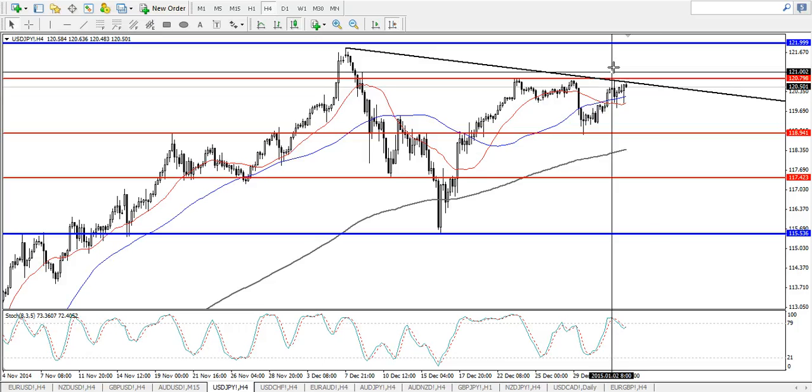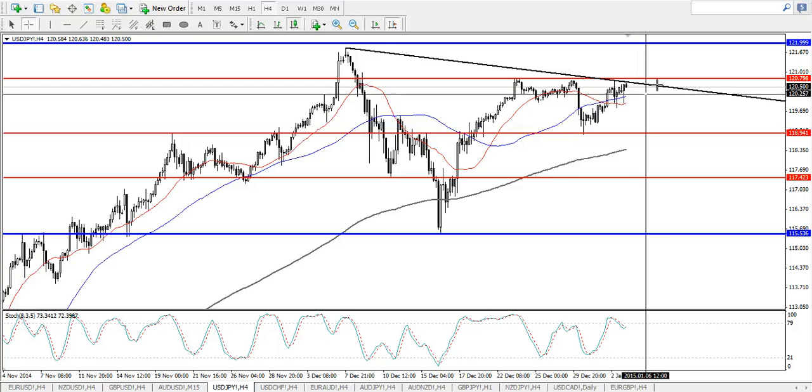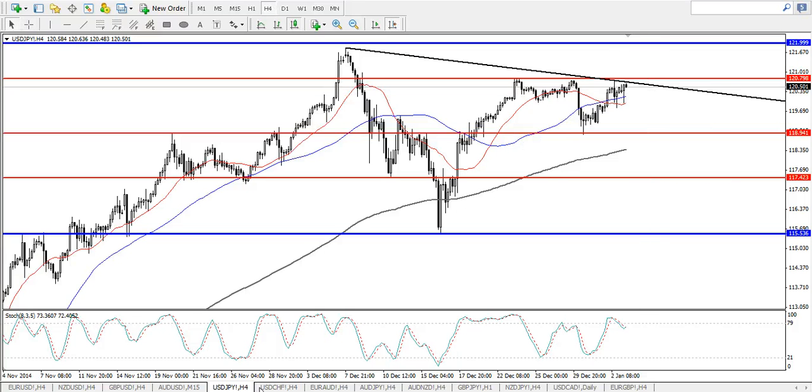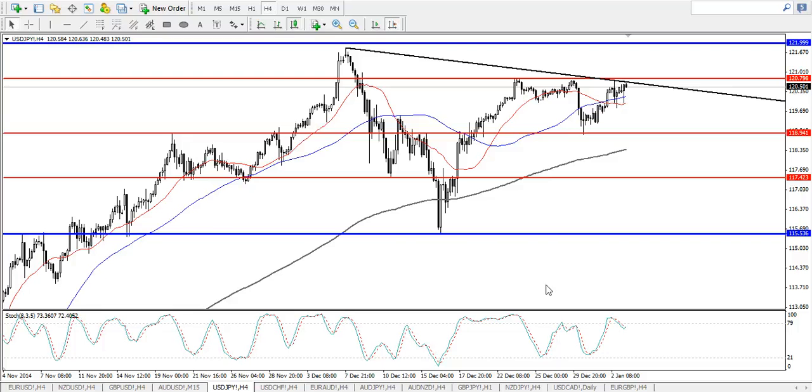Alright, so over at this area, there could be an opportunity to go for the shorts, or if not, we'll just wait for price to fall further and wait for the long opportunity.